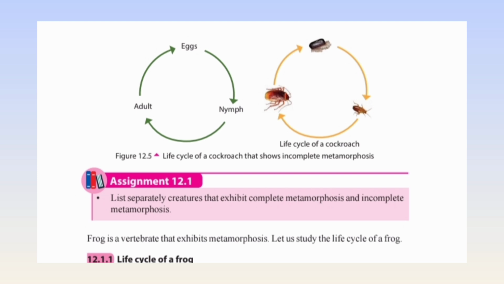Examples are cockroach, white ant, termite. So what are the stages of incomplete metamorphosis? Egg, nymph, adult. The life cycle of a cockroach is egg, nymph, adult.